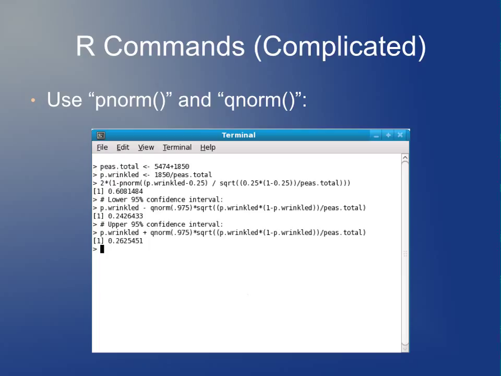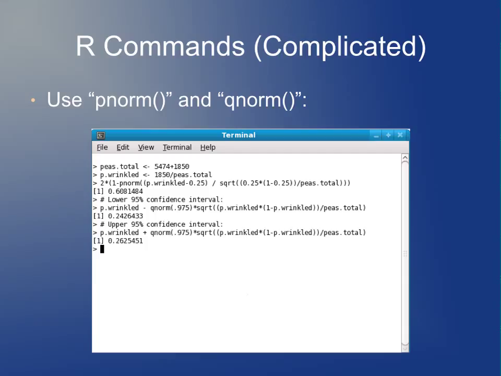Take the number that are wrinkled, divide by the total, then we can compute the p-value for testing the null hypothesis that p is equal to 0.25 by calculating the z-statistic, taking 1 minus that, multiplying by 2 to get the two-sided test, and we can also get confidence intervals using the formula from the previous slide. Take the observed proportion plus or minus the appropriate quantile of the normal times the standard error, which would be p times 1 minus p divided by n.